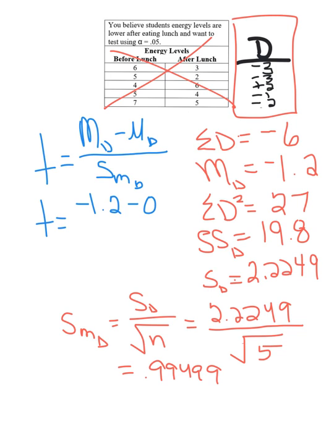Okay, so, divided by 0.99499. So our t ends up being, and I just put in negative 1.2 divided by 0.99499. So it ends up being negative 1.21 is what I'll round to.